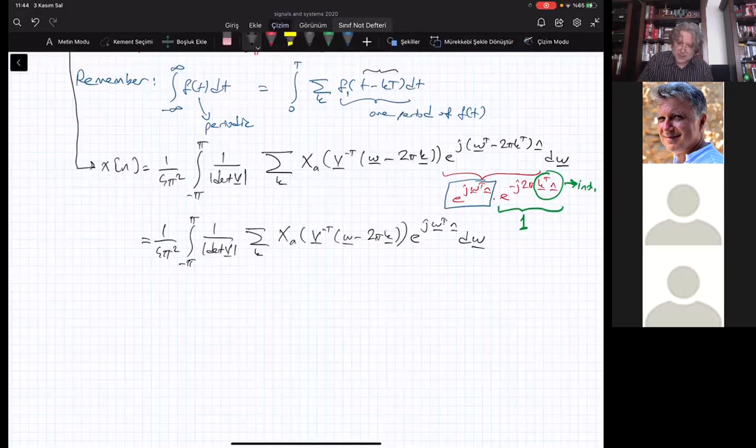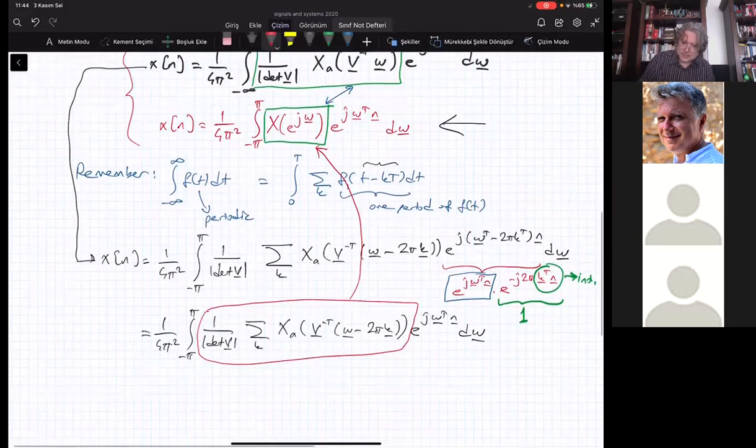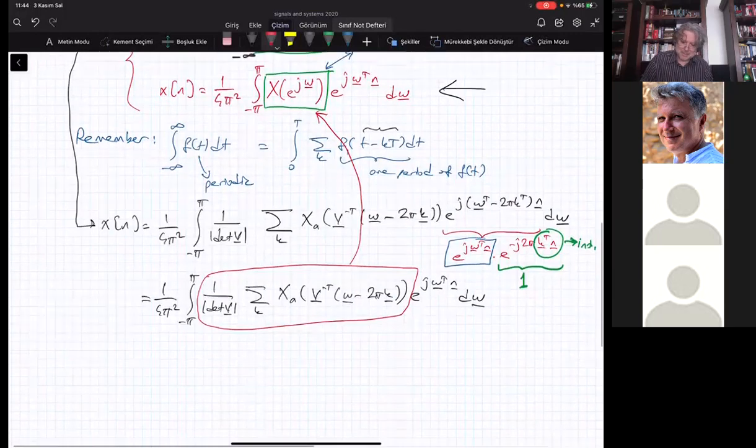And now we can safely say that this thing that we have here is the same as this that we have. They correspond to the same equation. So let's equate them.